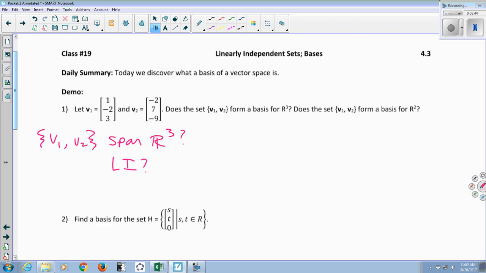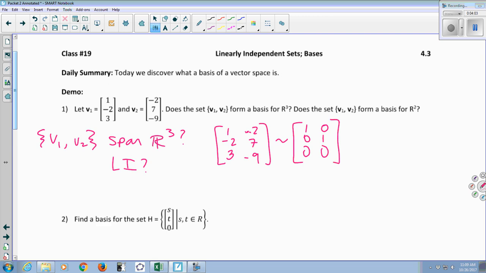So we put them in a matrix, we row reduce, and get 1 0 0 0 1 0, right?